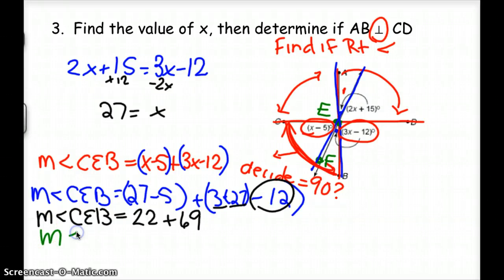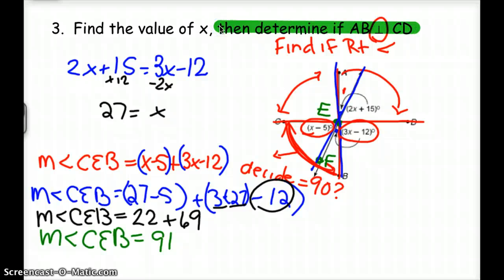My measure of angle CEB gives me 91. I was hoping it was going to be 90 so that those were going to be perpendicular. So people, this is not really the answer. I need to answer this question: determine if AB and CD are perpendicular. I don't have a right angle, so they're not perpendicular.